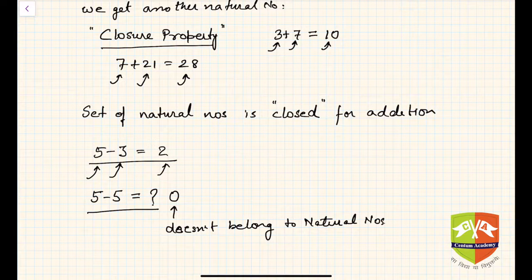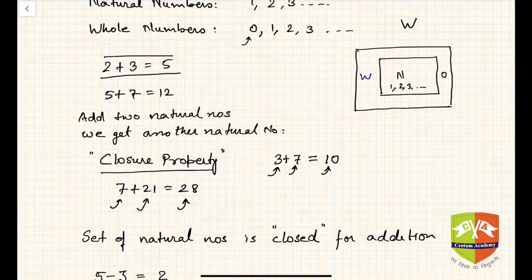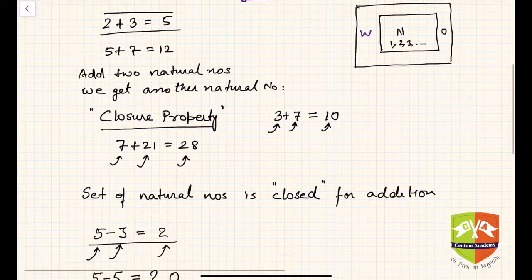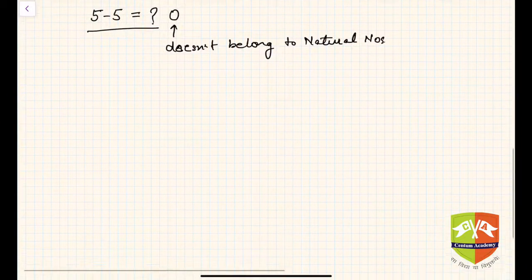So hence when 0 was added to the set of natural numbers, we got a new set of numbers, majority of which was already known, which was called natural numbers. Now we are getting another set, and now that set is called whole numbers, right? So now I assume that you have understood the concept of natural numbers and whole numbers.